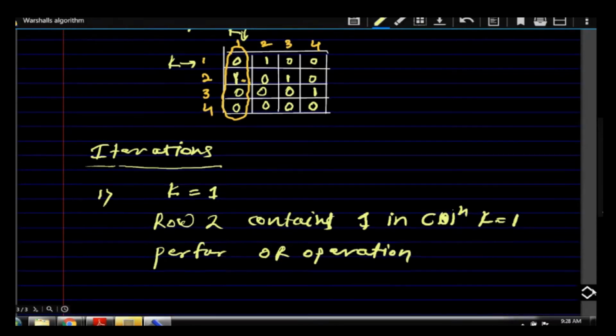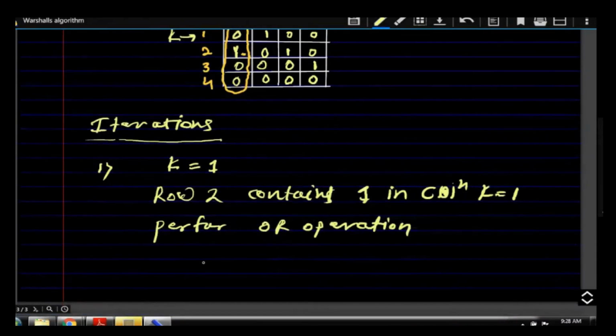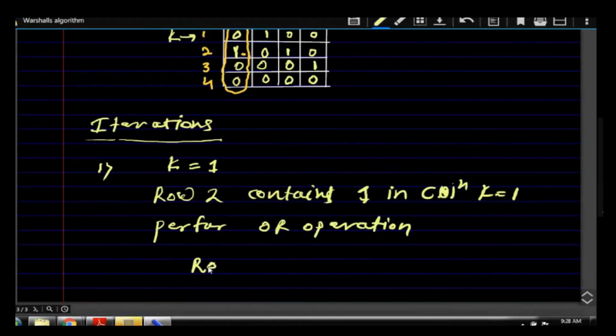So what will be the OR operation? Which row contains a 1 in the first column? Row 2 is the row that contains 1 in its first column. So if k equals 1, you have to OR row 1 with the row which contains a 1.